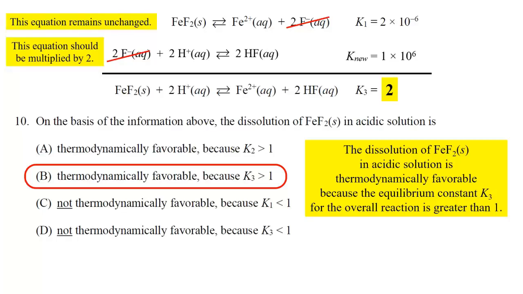So the correct answer to question 10 is choice B, thermodynamically favorable, because K3, the equilibrium constant for the overall reaction, is greater than 1.